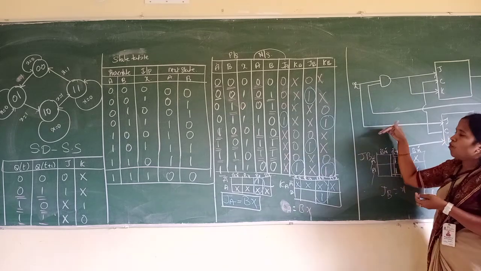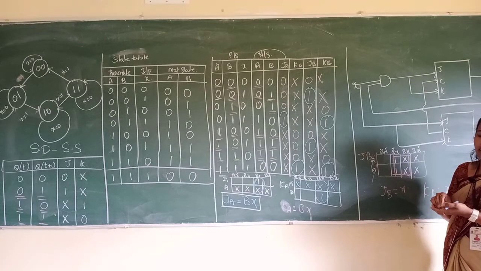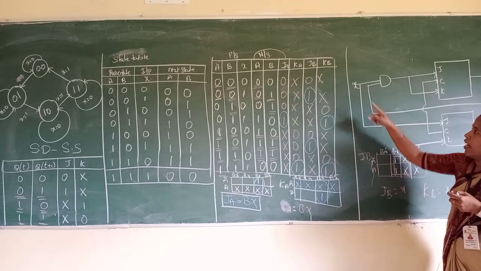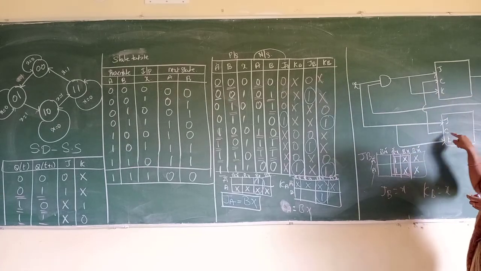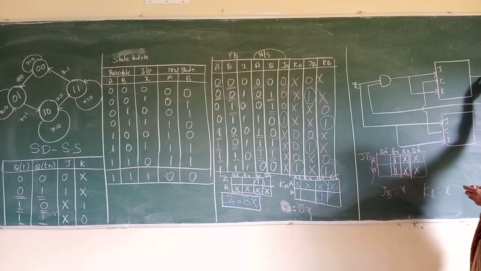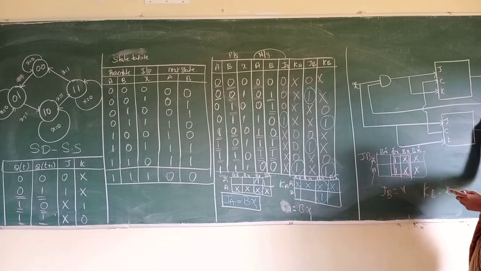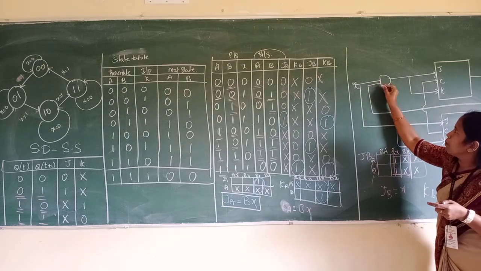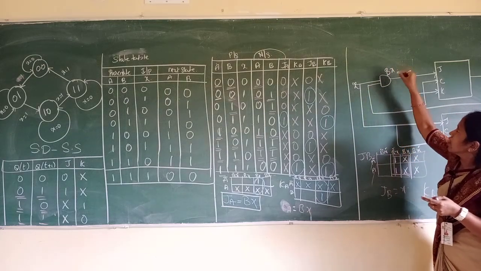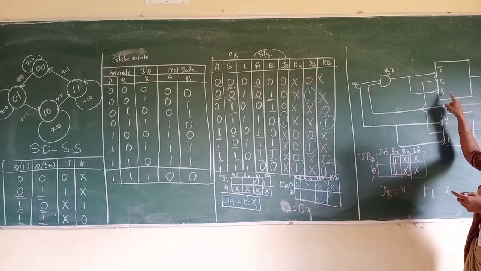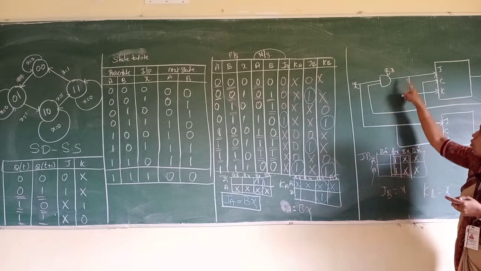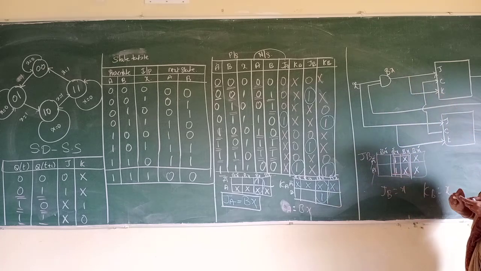Now I am generating the sequential circuit. In the sequential circuit, external input X I have taken, with 2 JK flip-flops. JA is equal to BX: B and the X input, BX, is given to JA. KA is equal to BX only, and this BX I have given as an input.